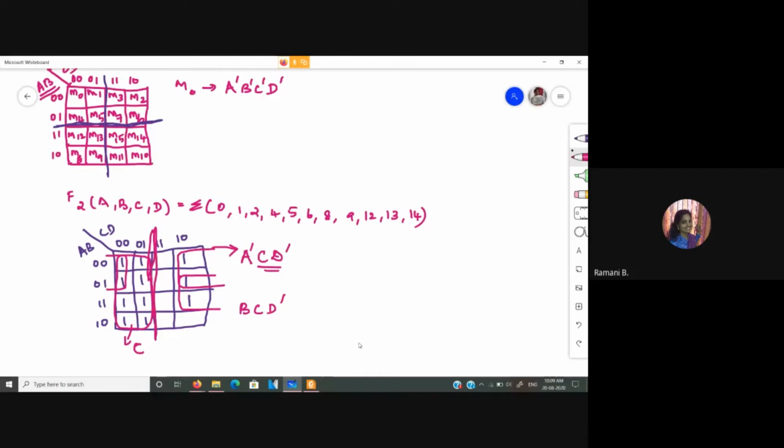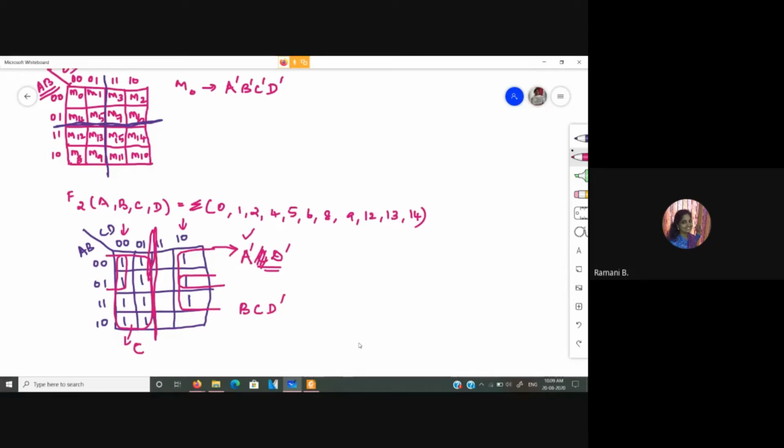So taking this way, we are having A is equal to 0 common in these two. So I will be retaining this A bar as such. Here C is equal to 0 and in this particular column C is equal to 1, so I leave that term. I don't want that. And D is equal to 0 is common. So I have that expression to be A bar D bar for that particular group.